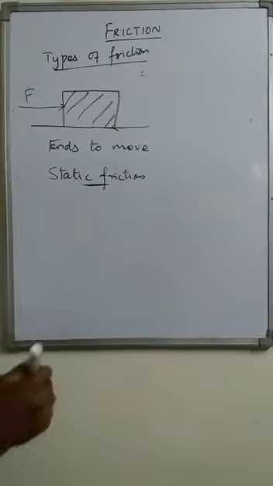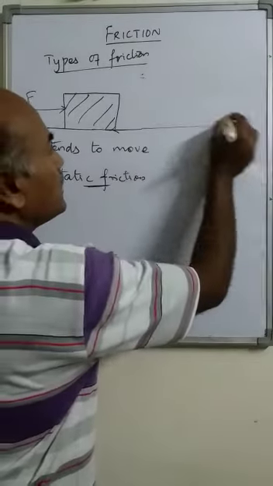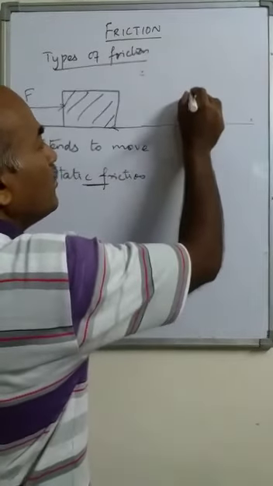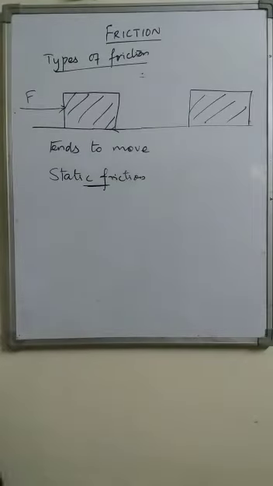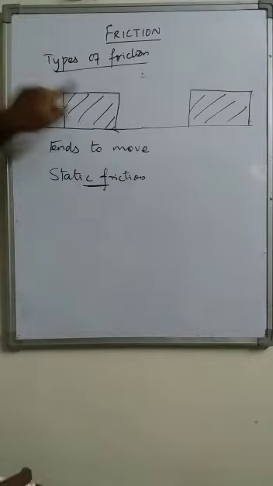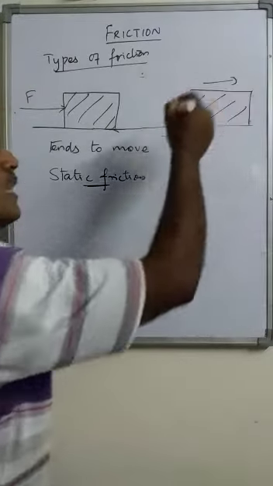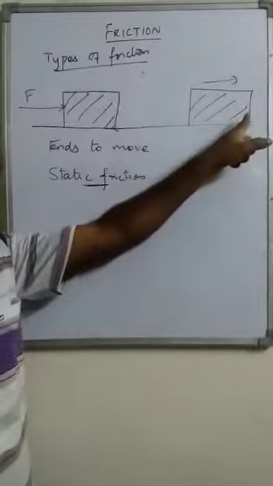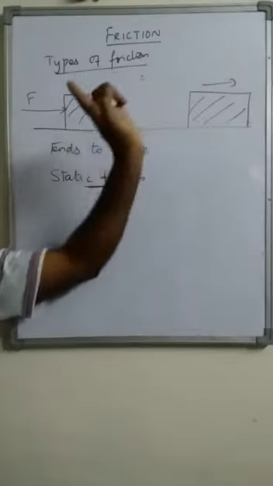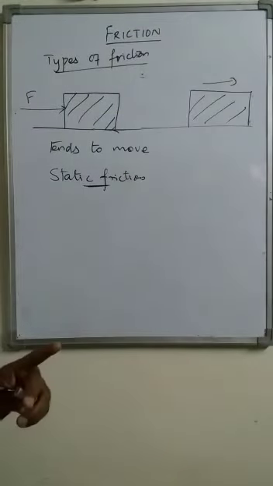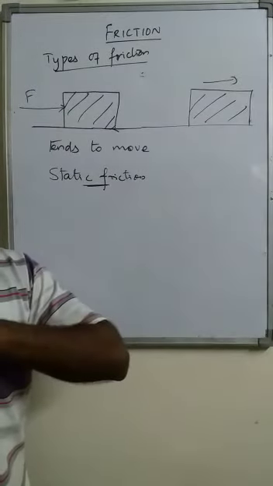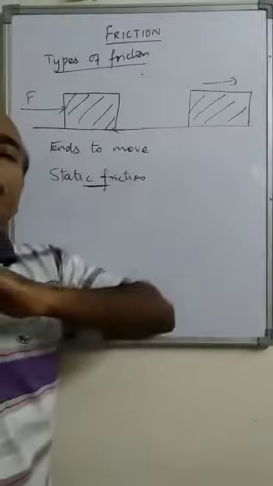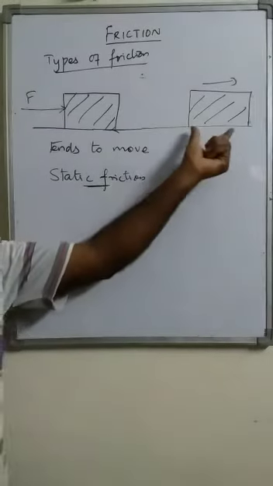object comes in motion. Now the object is moving from one place to another place. Again, the friction is acting between them. When it is at rest, the friction is acting. When it is in motion also, the friction is acting between the two surfaces. You should not think that once the object comes in motion, the friction has vanished. Still there is friction.